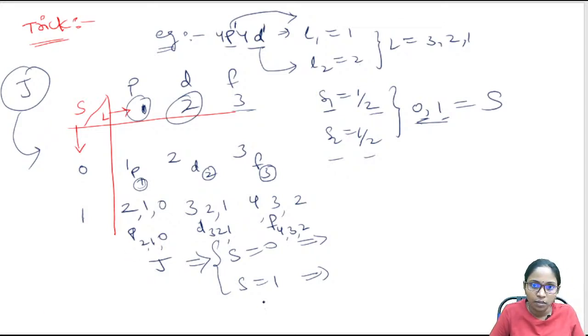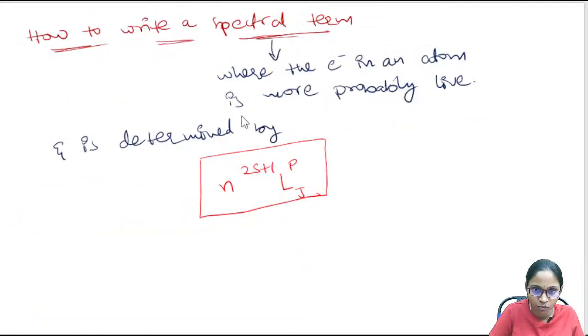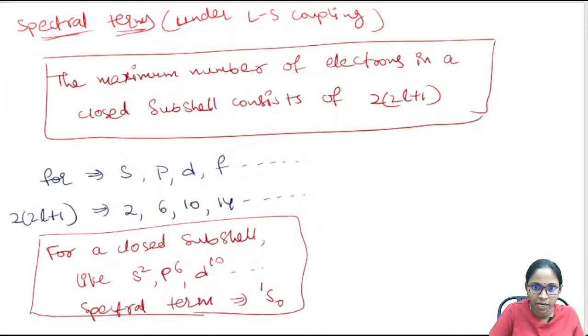First of all you have to know how to write the spectral terms, then you will be able to understand this. So how to write the spectral term, I will explain.